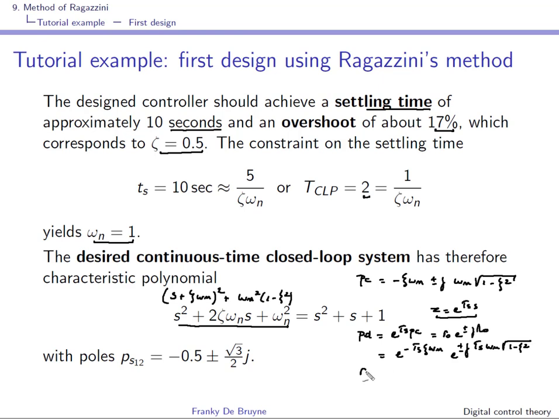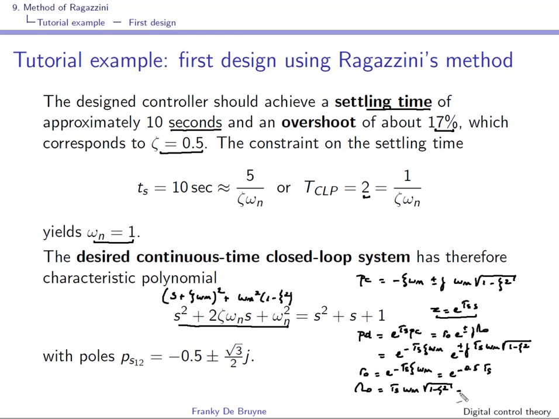So you can see here that r0 is exponential of minus Ts zeta omega n. In our case, this will be exponential of minus 0.5 times Ts, and omega 0 is Ts omega n times the square root of 1 minus zeta squared.